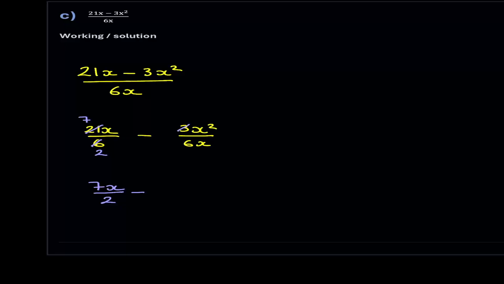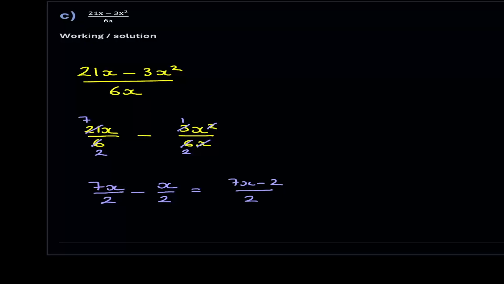Again, 3 goes into both of these once and twice, and the x squared cancels with the x on the bottom. So my numerator is just x, and my denominator is 2. So it is 7x on 2 minus x on 2. Because the denominators are the same, you could just combine the numerators.